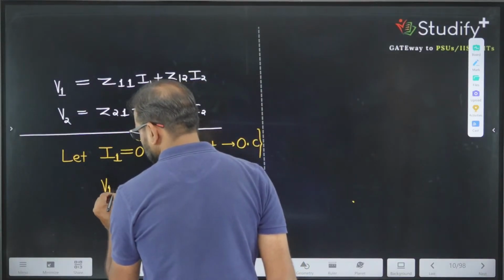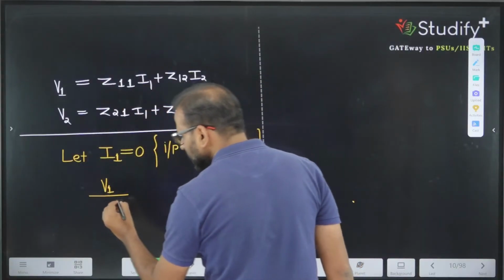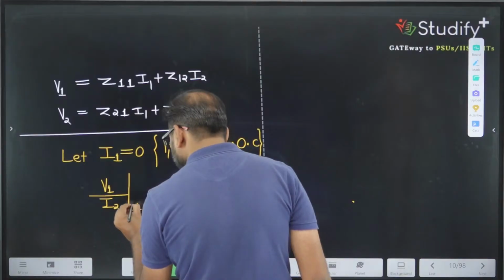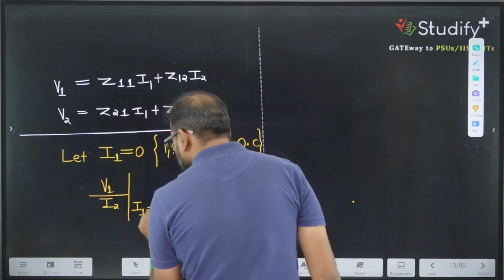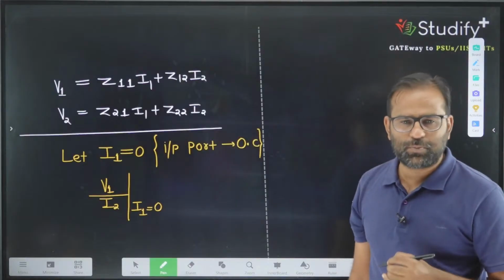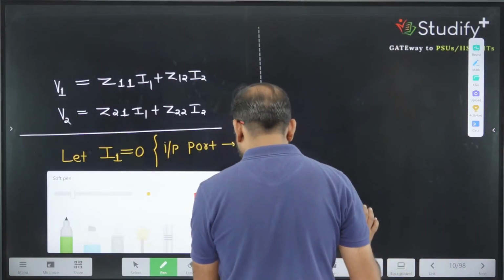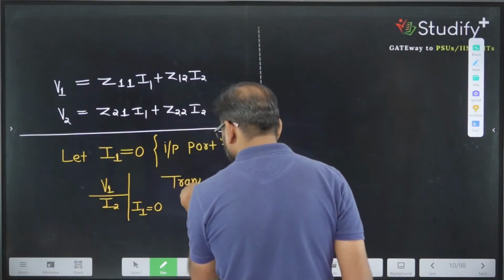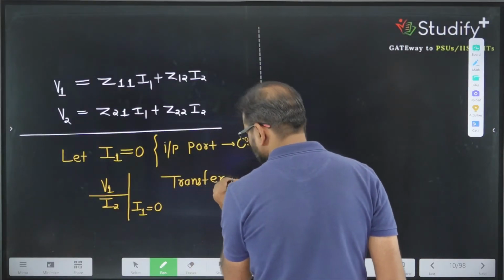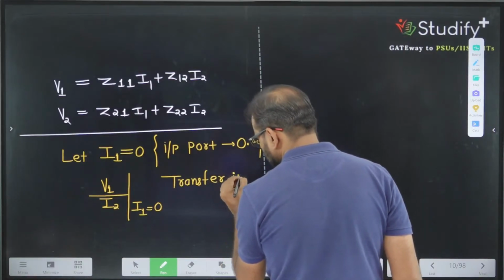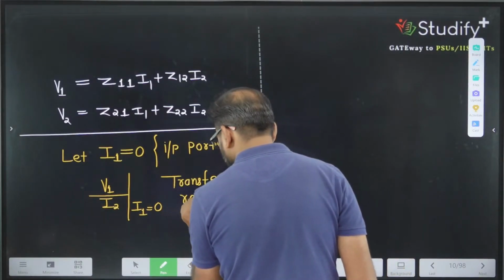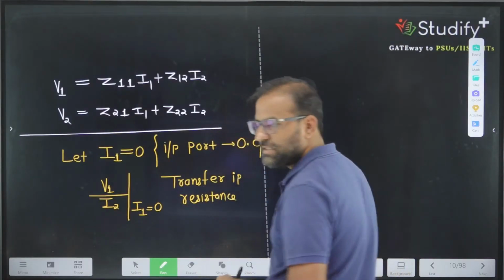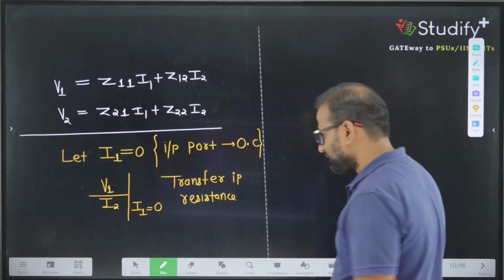The ratio of V1 divided by I2, by making I1 equal to 0. You have your voltmeter at the input port, so this is known as trans input impedance, or transfer or trans input resistance.